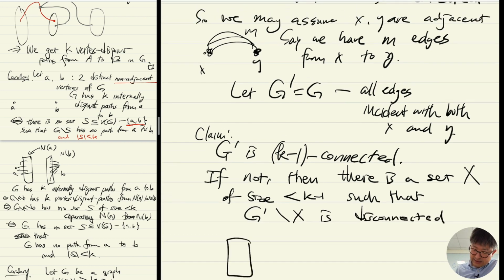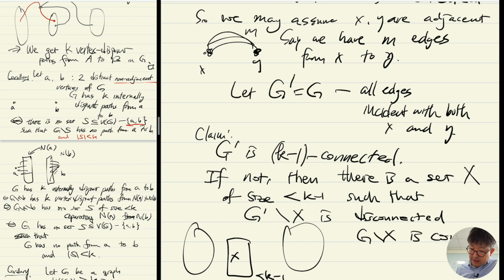So here's a set X of size less than K minus 1 and the graph is disconnected, so there's no edge from left to right. But in G, G delete X is connected. So the only place that is different is the edge between X and Y. You have X on the left hand side, Y on the right hand side, and these are parallel edges. But anyway, it's not very important.